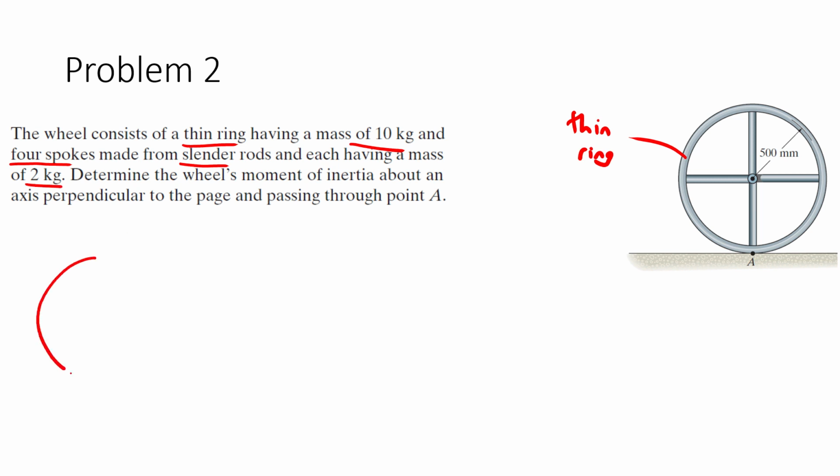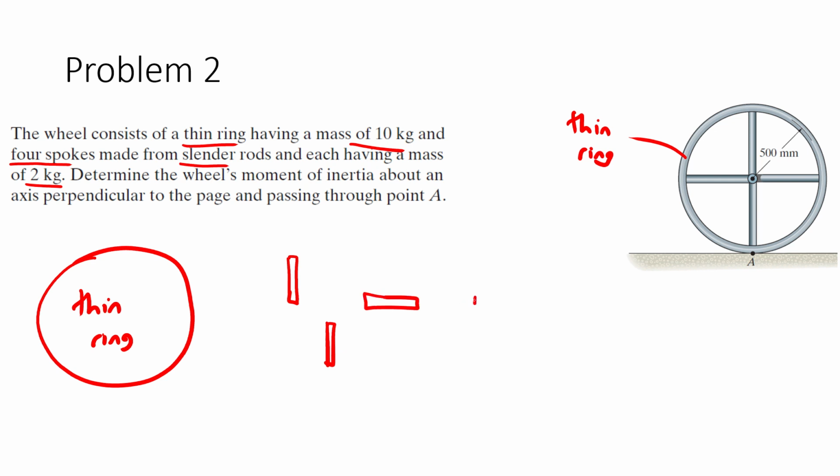So we have a thin ring, spoke 1, spoke 2, spoke 3, and spoke 4, and each of them is 2 kg.